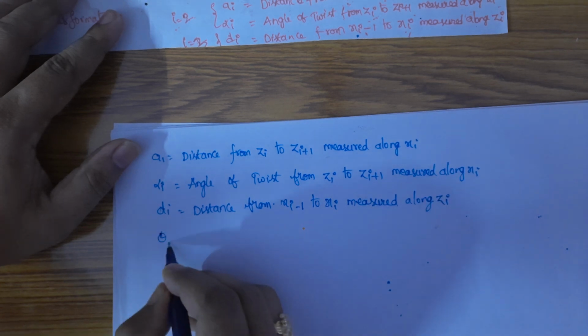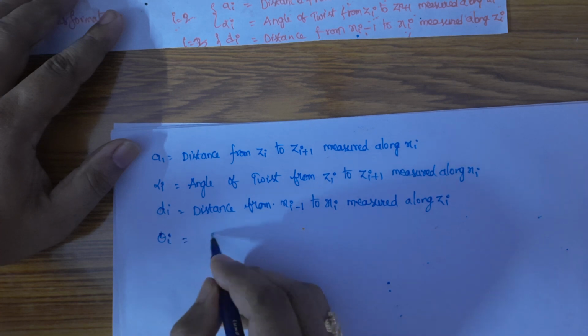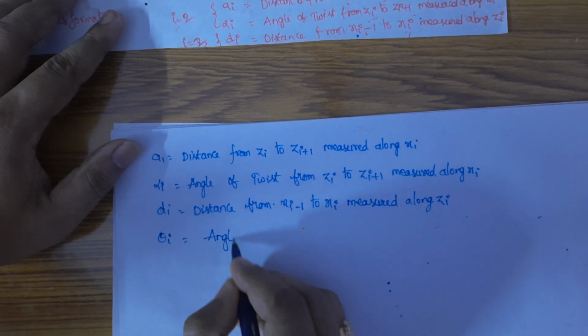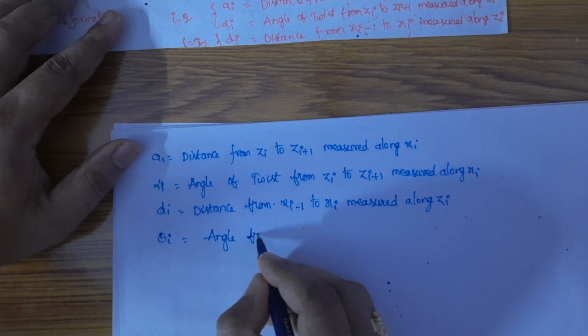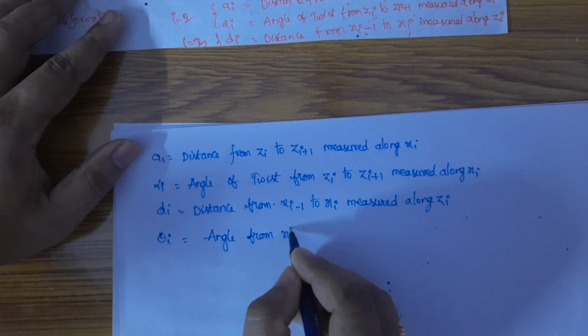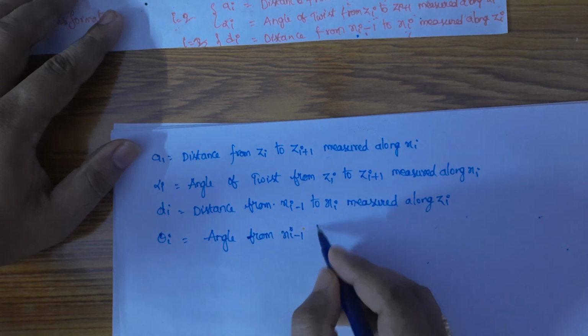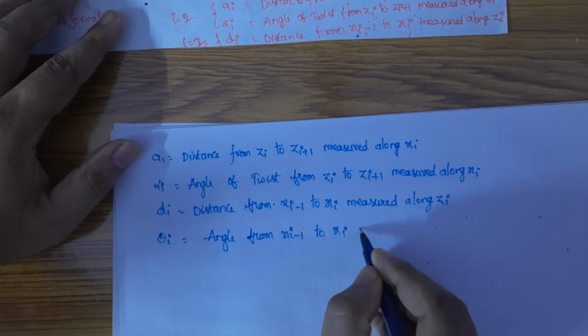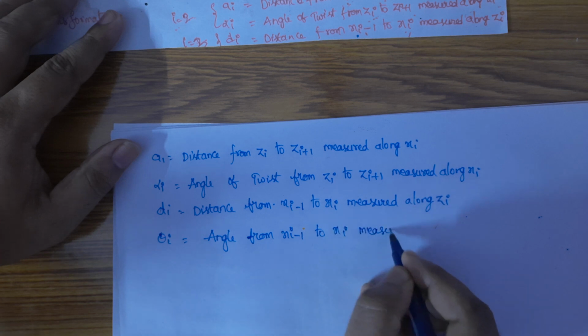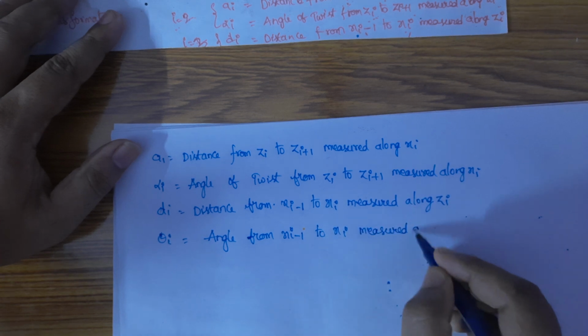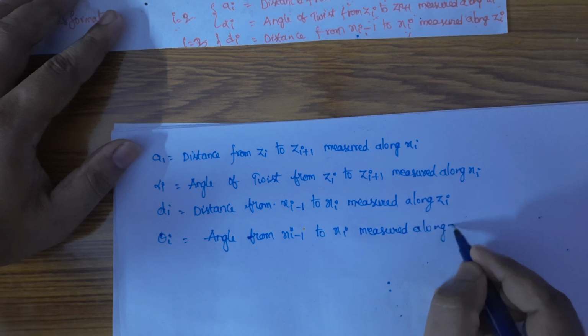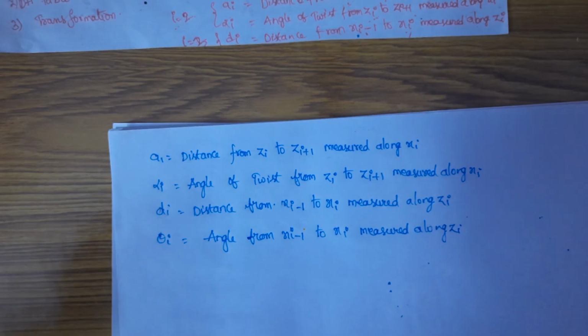And the last one, theta_i, the angle from x_i minus 1 to x_i, measured along z_i. These are the 4 rules that we need to follow while framing the DH table.